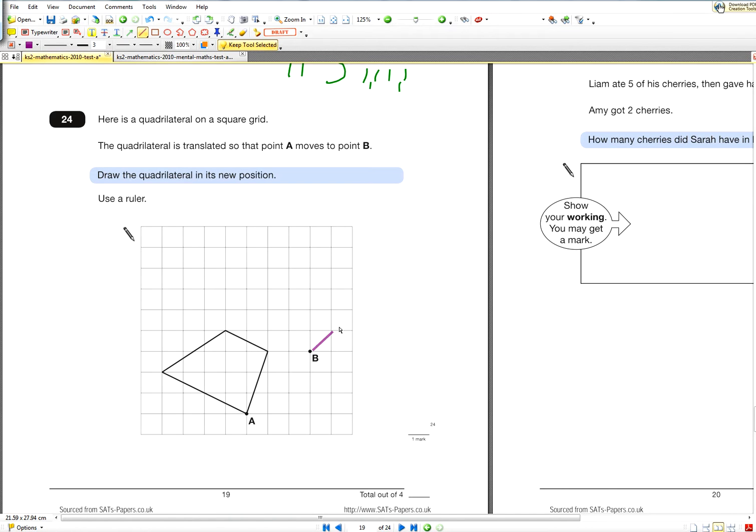So from here, we go 1 across and 3 up. That point there is 1 across and 3 up. Then from there, we need to go 2 across and 1 up. And then from there, we go 1, 2, 3, 4 across and 2 up.